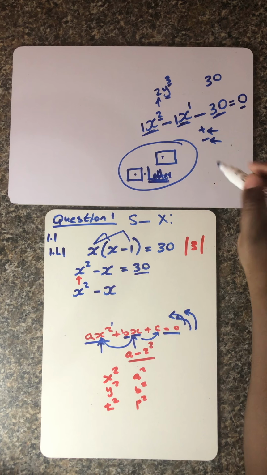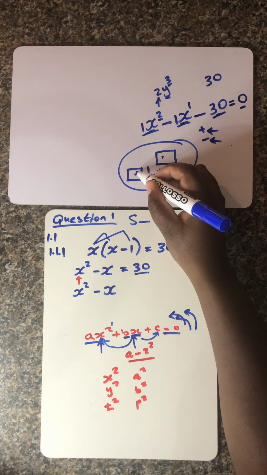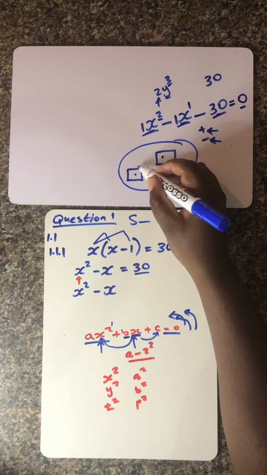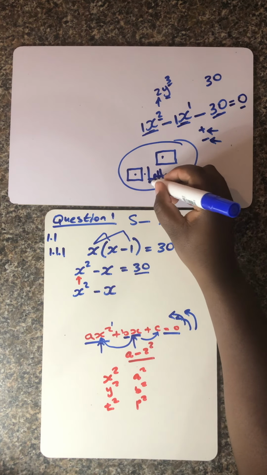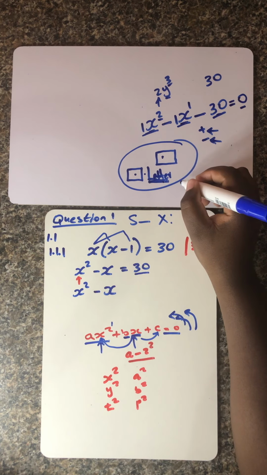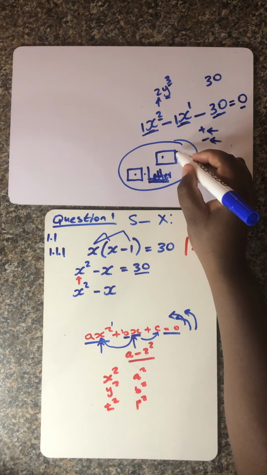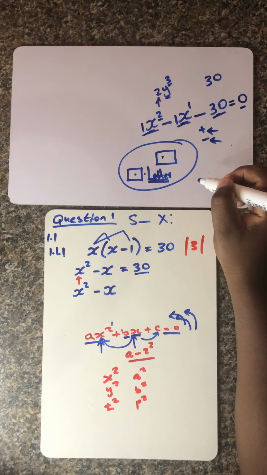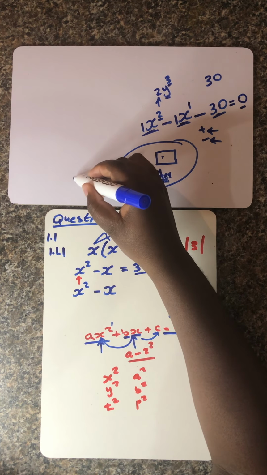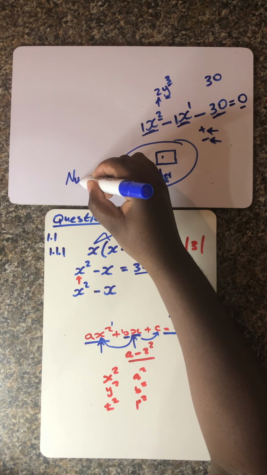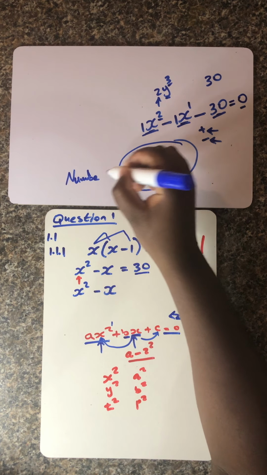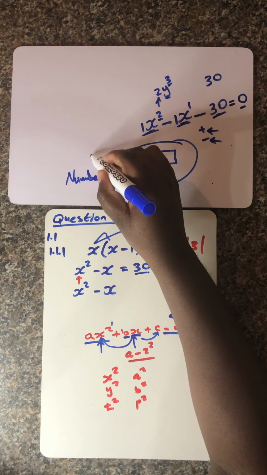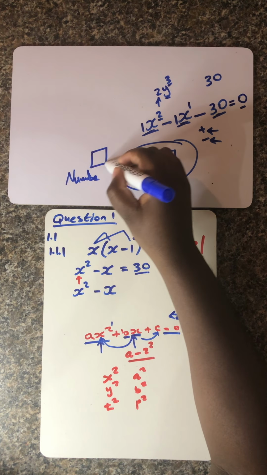Okay, so we know when you've got a letter, that means there should be a coefficient or a number followed by a variable, which could be any letter from A up to Z, and you still have an exponent. Okay, so in case if it's a number, ladies and gentlemen, it's just a number, then an exponent.